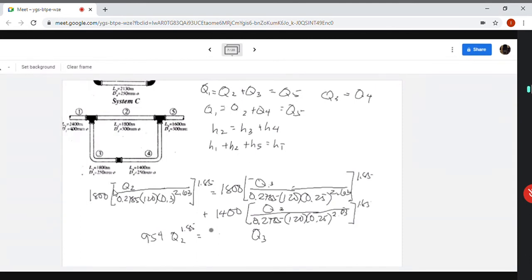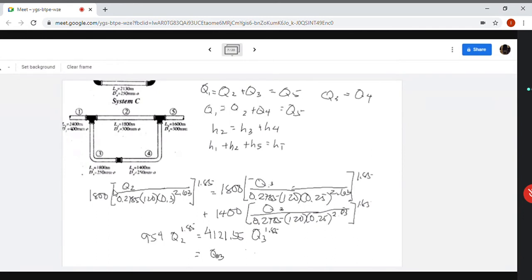So this is 4121.55 to the 1.85, or it could be substitute. Okay, so this is Q3. We can have this as Q3.